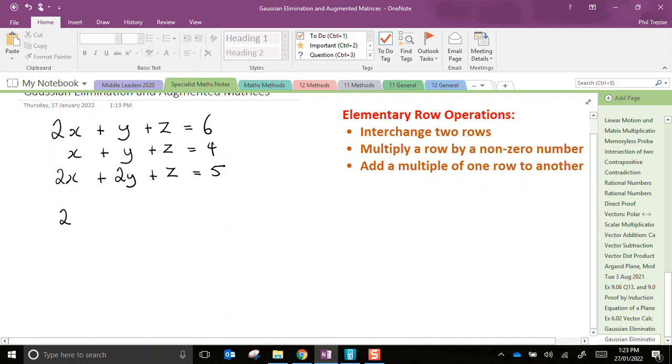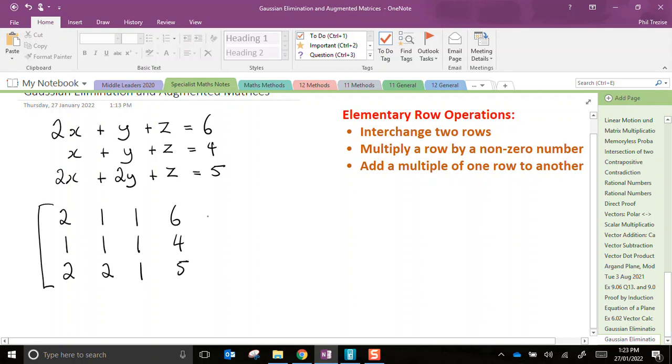Writing the first equation, I'll put a 2. Instead of a Y, I'll have a positive 1, and then the 6 over there, the constant. Using row number 2, it would be just the coefficients, so 1, positive 1, positive 1, positive 1, and a 4. And then the third equation, our coefficients are 2, 2, 1, and 5.